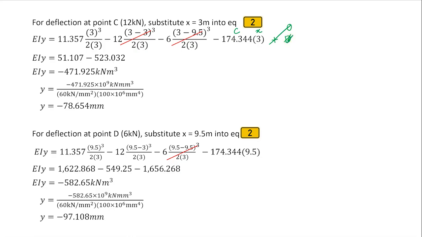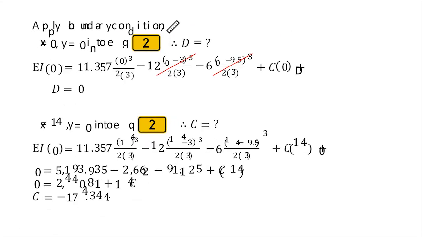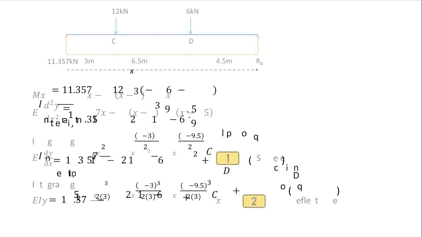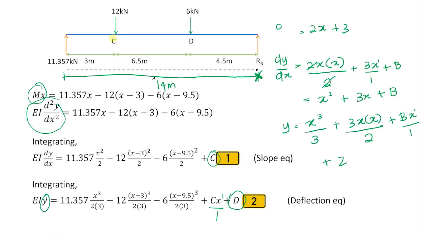Okay, biarkan dia. And we know that for deflection at point C, 12 kN, substitute X sama dengan 3 meter. So Y 3 meter, since at that point, okay, point C, kalau you tengok ini 3 meter panjang dia, right?